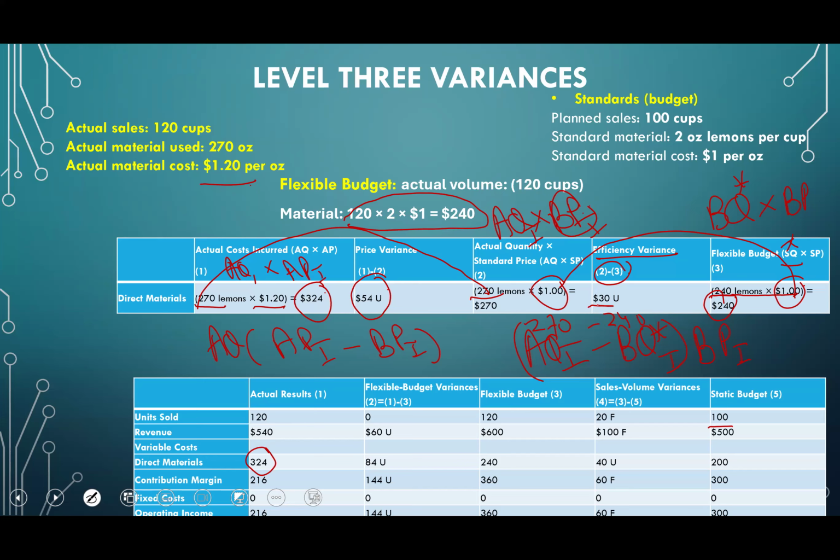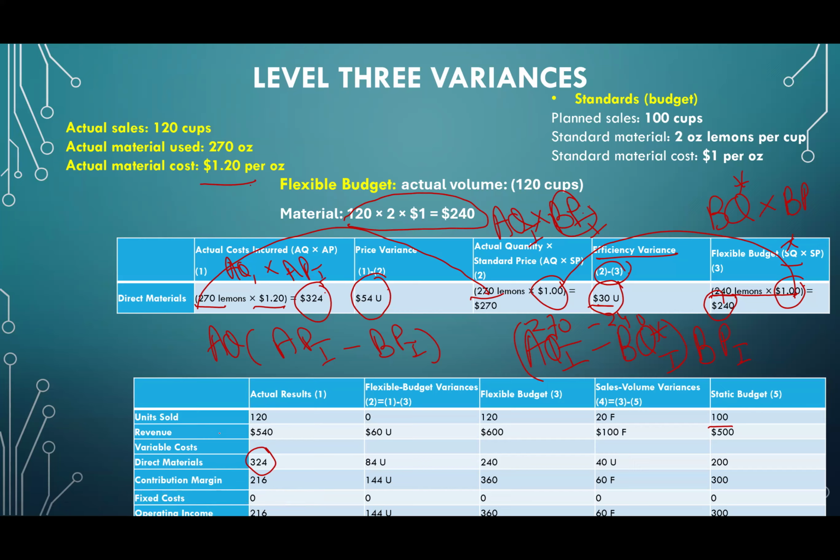I have used more, and because lemon costs $1 per ounce, my company has worked less efficiently, and therefore I have spent $30 more, which is an unfavorable variance because the company does not want to overspend on raw material.